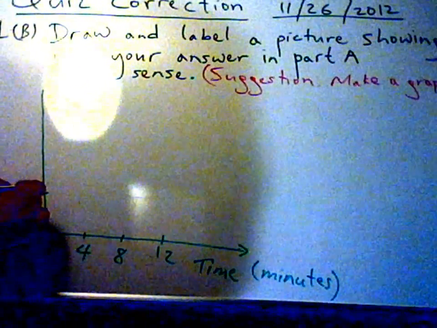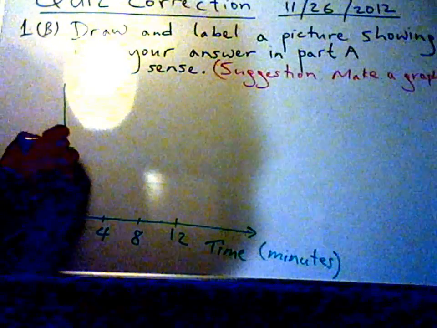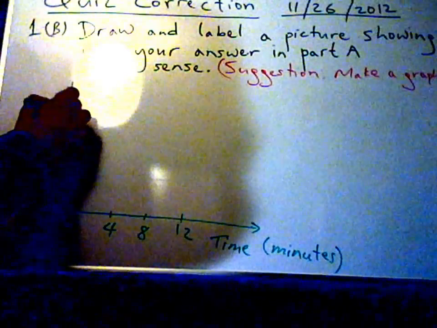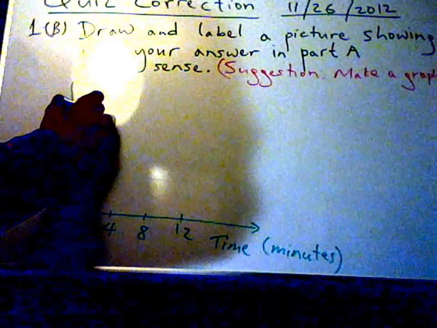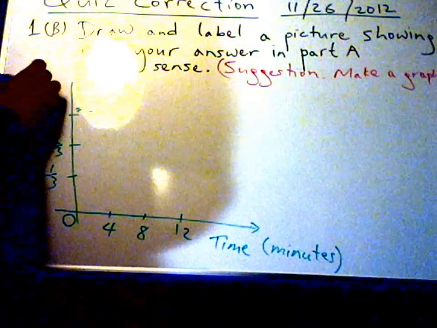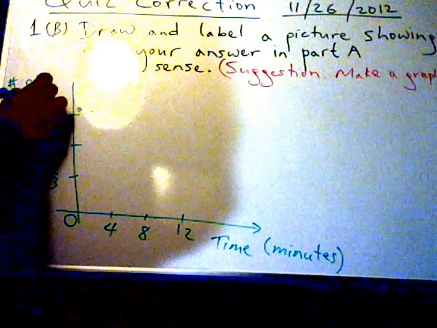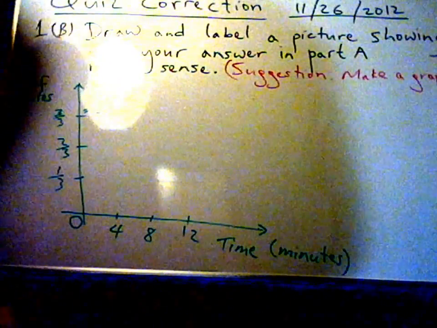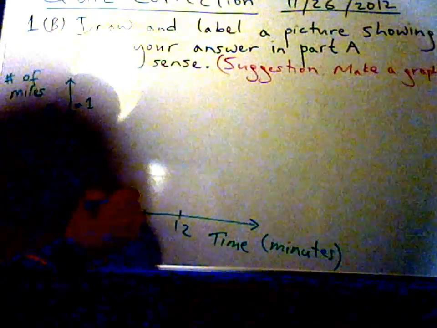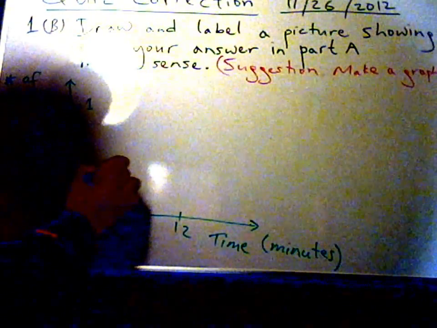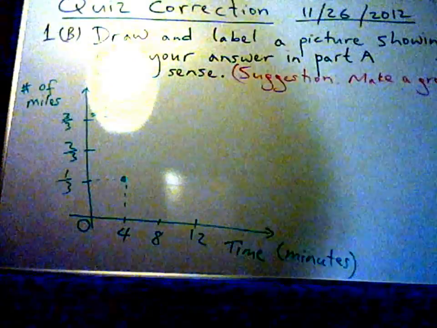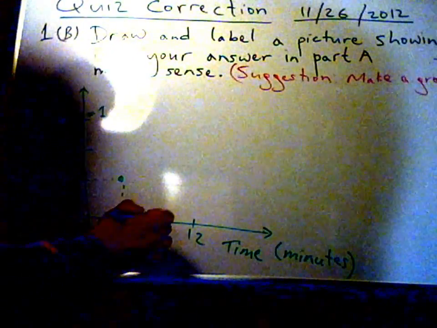And here I have 1/3, 2/3, 3/3, which is the same as 1. And here I have the number of miles. I'm told that in 4 minutes she covers 1/3 of a mile.